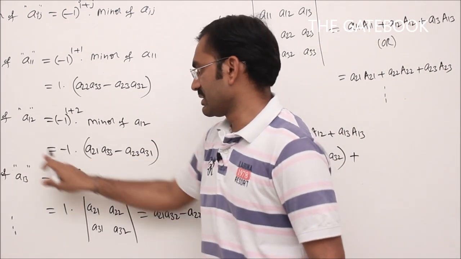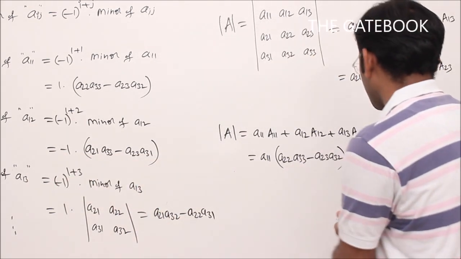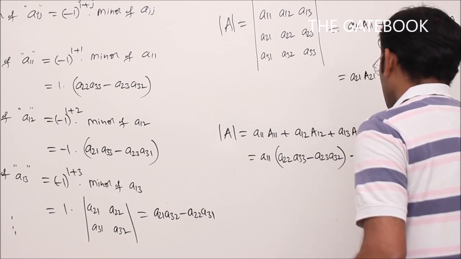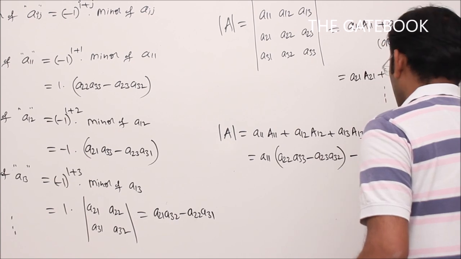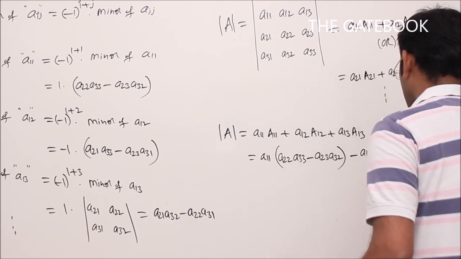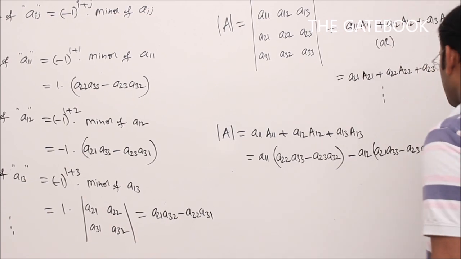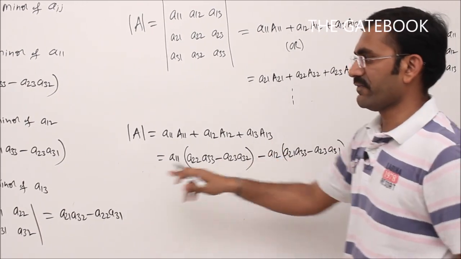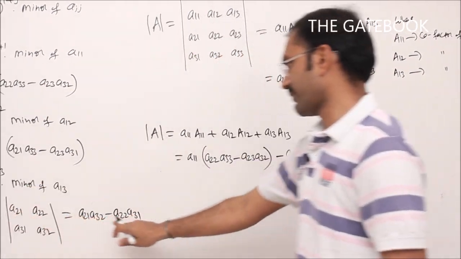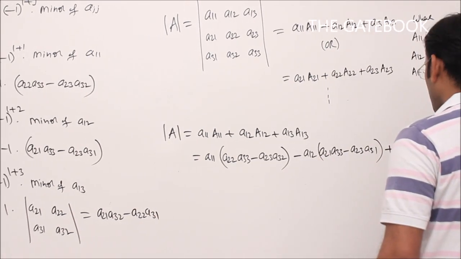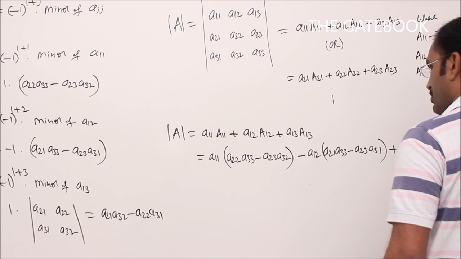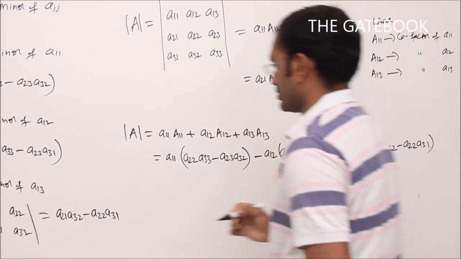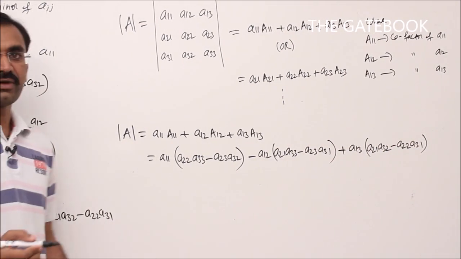The sign of that cofactor is negative, so you get minus A12 into (A21 A33 minus A23 A31), plus A13 into the cofactor of A13, which we already found: A21 A32 minus A22 A31. Like this we can find the determinant of any matrix.